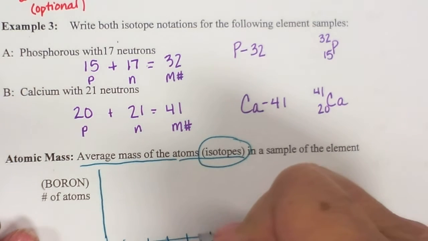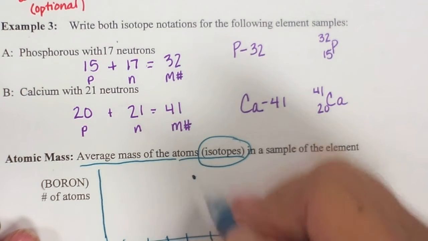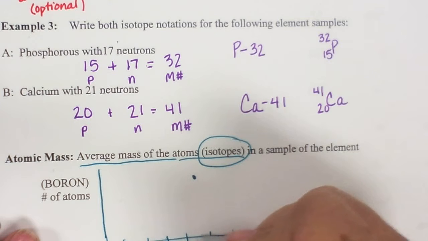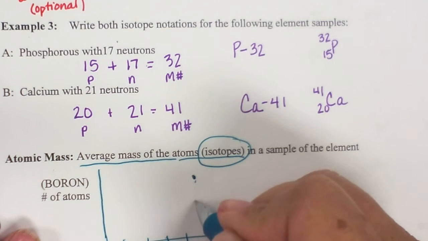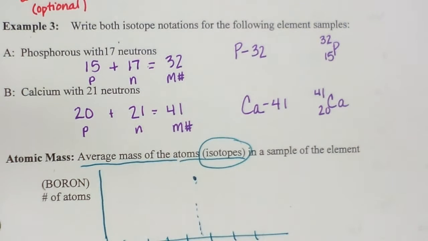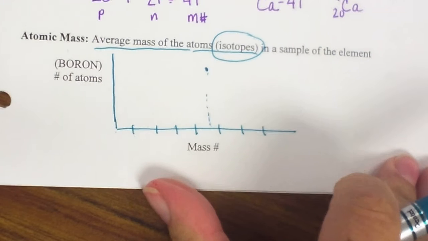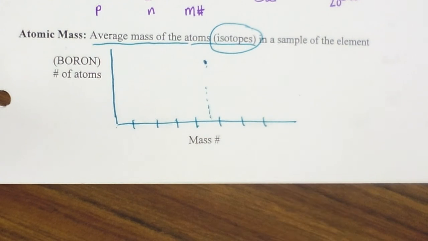So let's draw the bell curve, and let's put the peak a little bit to the right. I'm going to draw my peak kind of like this, but later, it's going to be useful for the drawing of boron, which is what we're drawing ultimately.